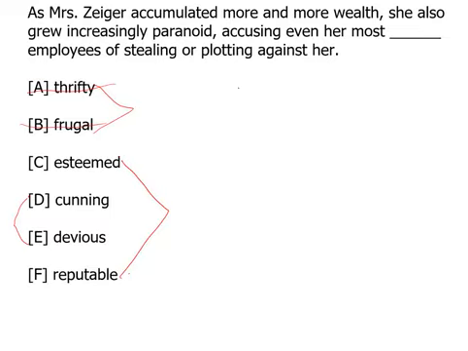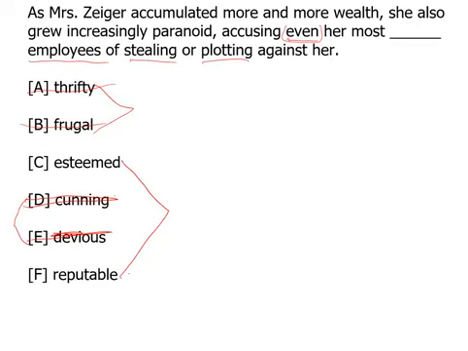Okay, so now let's look at which of these opposite pairs works the best. It says that Mrs. Zeiger accused her employees even though they were a certain way. So they're saying even though they're this way that you wouldn't expect them to be accused, she accused them anyway. Well, if somebody's cunning and devious, you would expect them to be accused of stealing and plotting. That's what cunning and devious, dishonest people do.